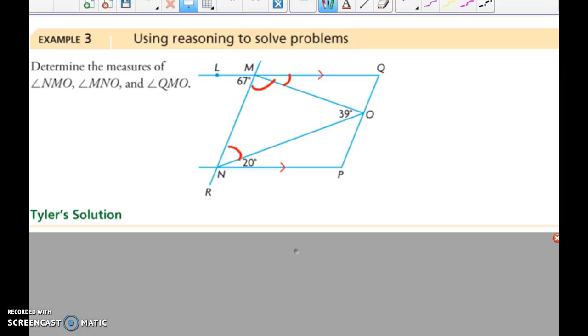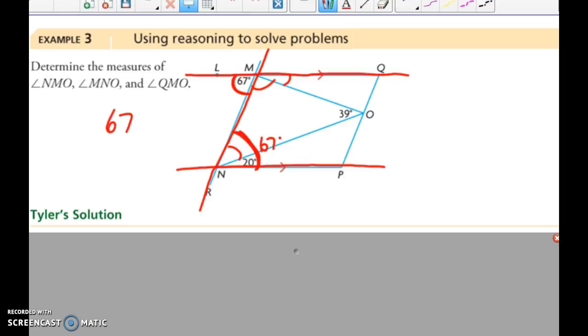So in order to use these parallel lines, these lines are parallel, making this line a transversal. So what we know is alternate interior angles are equal. So that would mean this angle is 67, this large angle is 67. So if we know a piece of that is 20, we can go 67 minus 20 and we'd be left with 47.